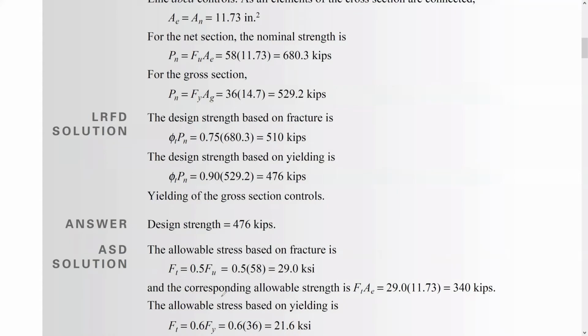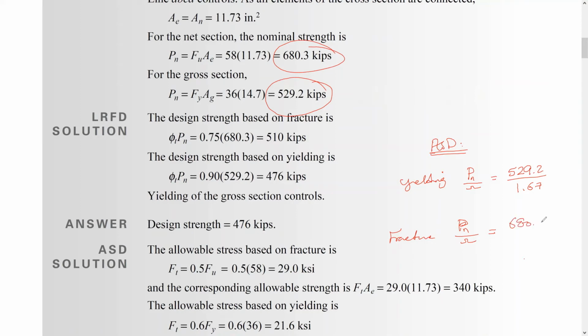If we do that for the ASD method, I like to do it this way. For yielding, I'm talking about the ASD method, it's going to be Pn divided by the safety factor: 529.2 divided by 1.67. And for fracture, Pn divided by 2: 680.3 divided by 2.